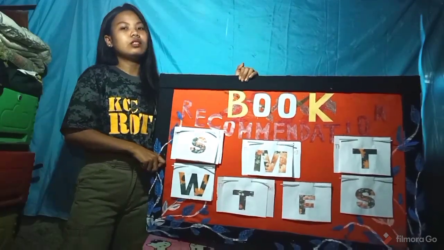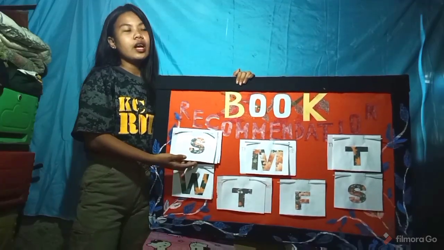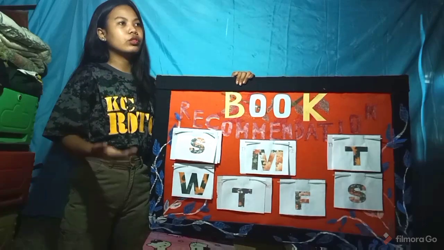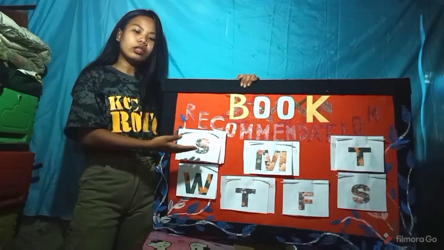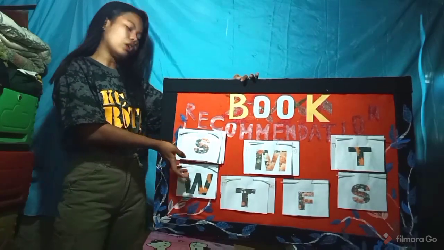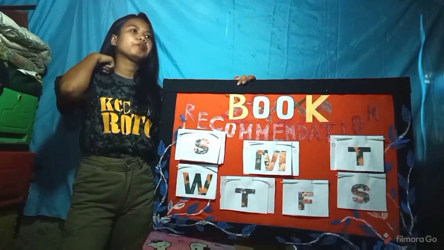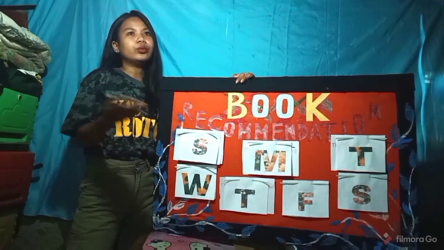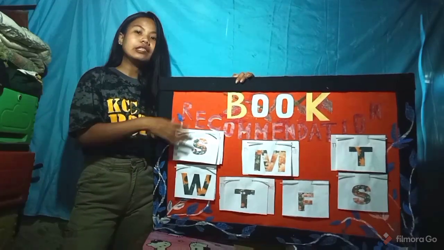This just means that every day I will be posting here the book that I will be recommending to them to read on that day. For example, on Sunday, I will be posting a book in here on what book I will be recommending for them to read on Sunday.